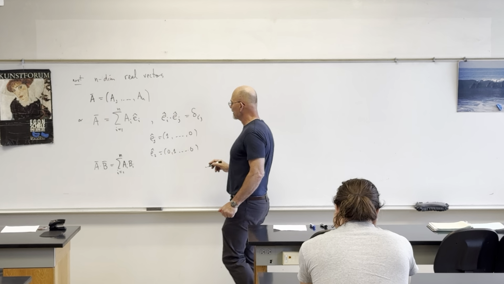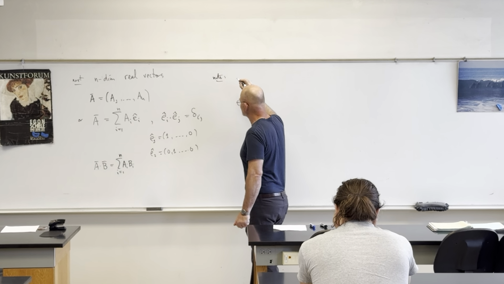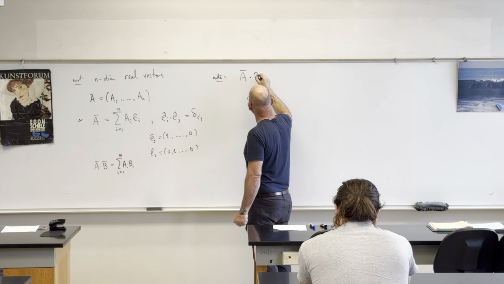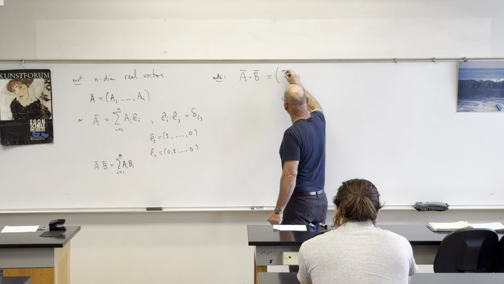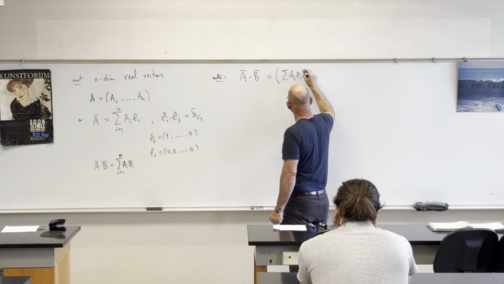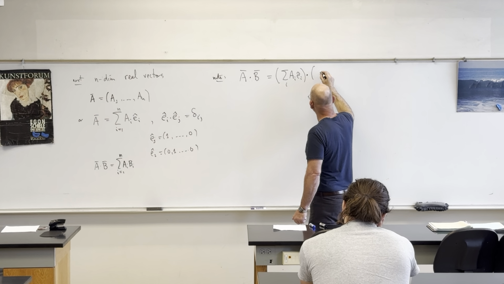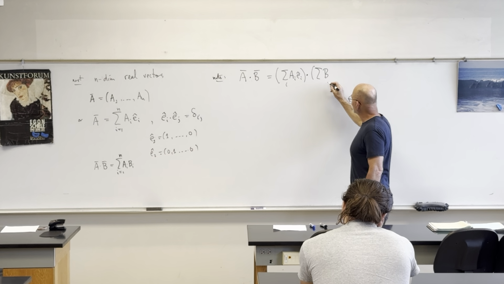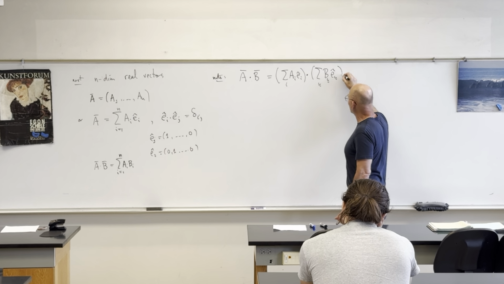I'll put a note here with these. If you want to do A dot B, you could say it would be the sum of A sub i, e sub i hat, and then you'd be doing the dot product with the sum over B. You're not going to repeat that subscript, you're going to choose another one, say k, e sub k hat.